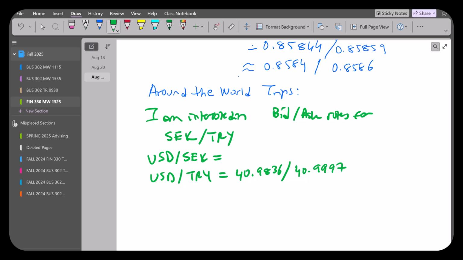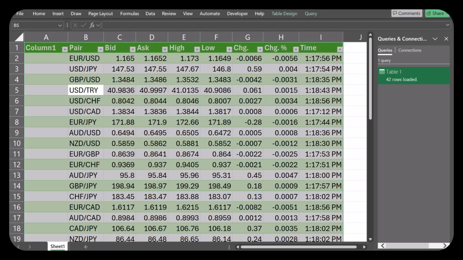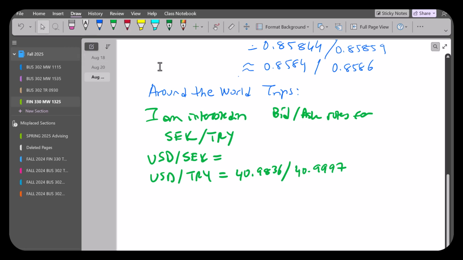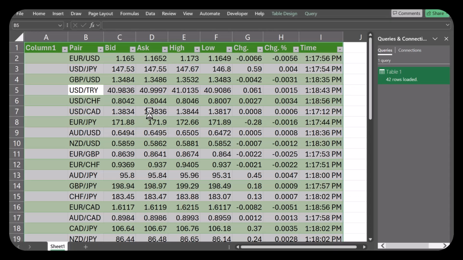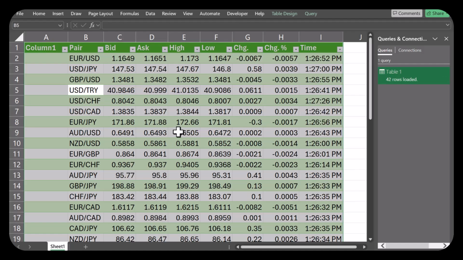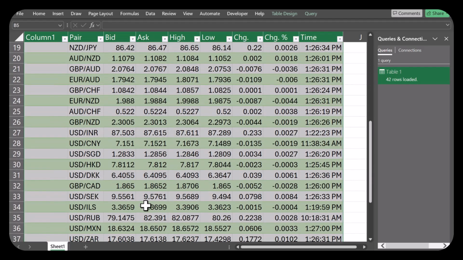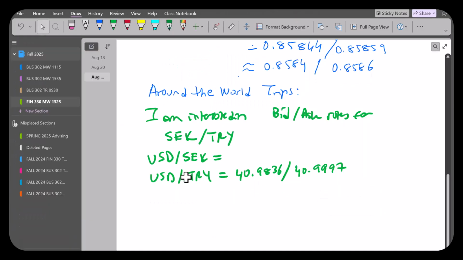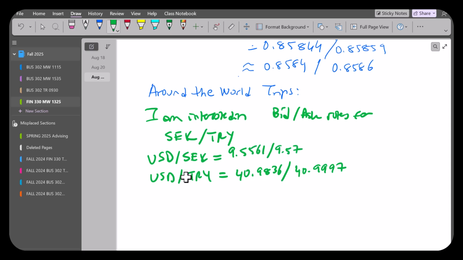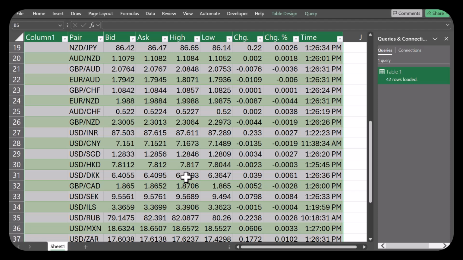And let's look at the USD SEK. 955.61, 957.61.